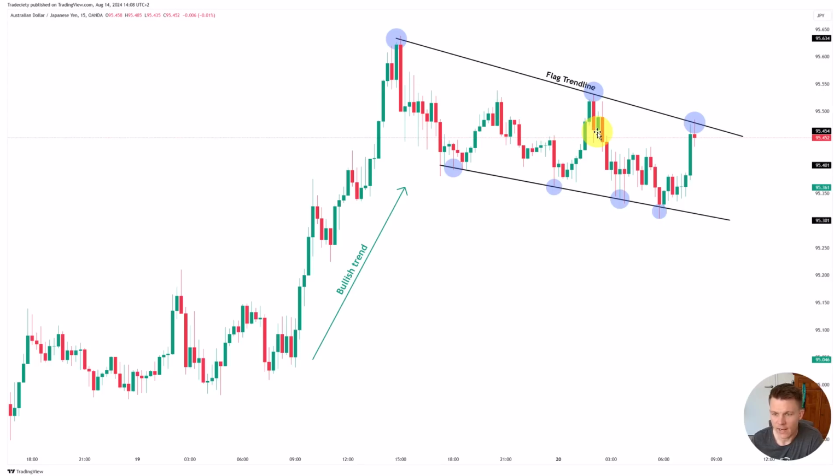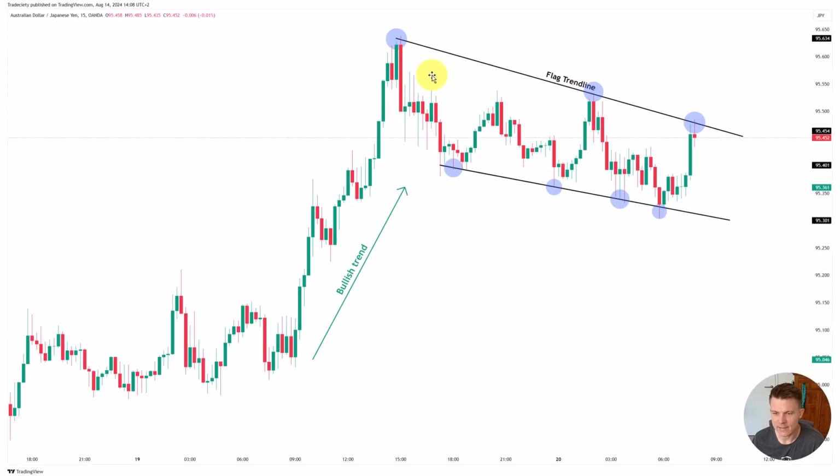So the flag trend line is a prolonged sideways period, and it is moving even against the trend. But what is important is, how is the market moving against the bullishness? The market is not moving with a lot of force, so the angle of this flag is not very steep. You don't want to see steep flags. You want to see flags that play out very moderately, almost sideways.